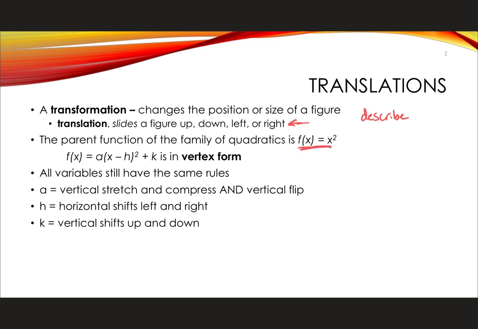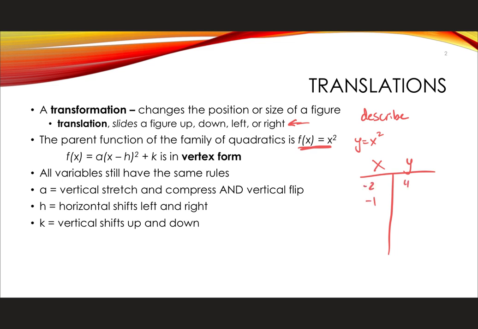As a reminder, the parent function of the quadratic is f of x equals x squared, or y equals x squared. And there's a lot of key features of this one. If you don't already have it down, one of the biggest key features that we'll be using today is the parent table. So this is -2, 4.